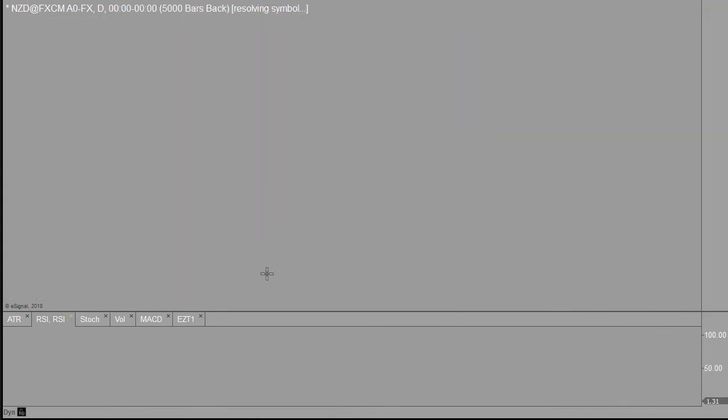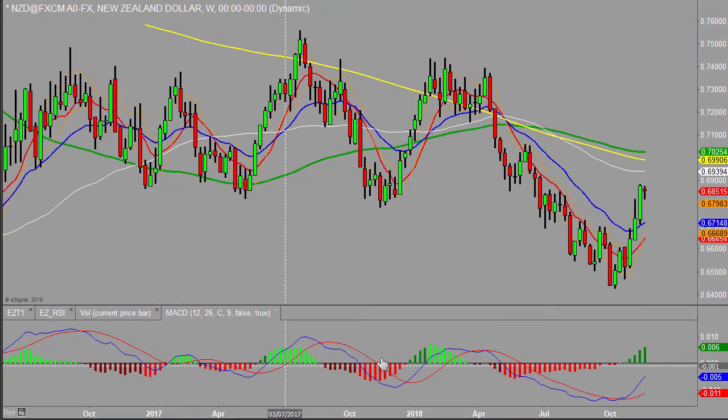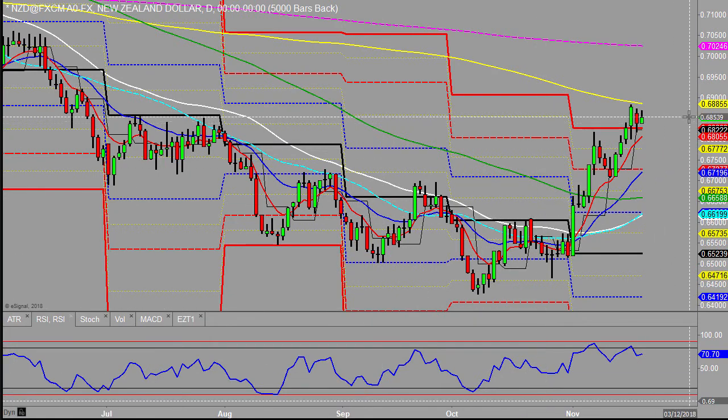Okay, and finally the New Zealand dollar for the currencies. Stronger move we've seen over the last few weeks. Three solid weeks of rallying there, not too far away from that weekly 50, now weekly 200. Good points to see if we can hit those dailies.